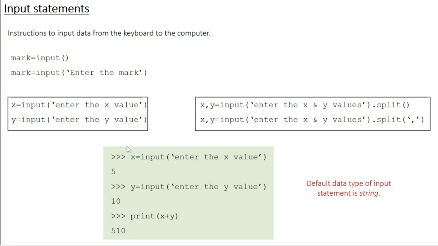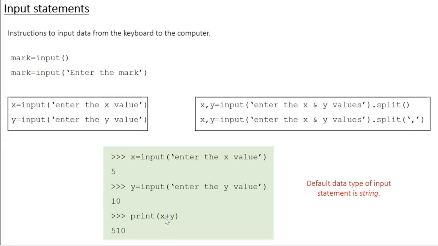Now if I write a program x equal to input enter the x value, you give some value 5, then y equal to input enter the y value, you give the value 10, and you want to find the sum of these 2 values. So you say print x plus y. Now here see one difference. Whenever you write a text, you will be inside the quotation mark.